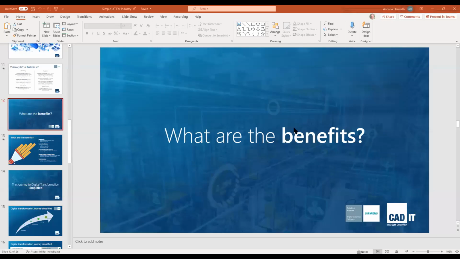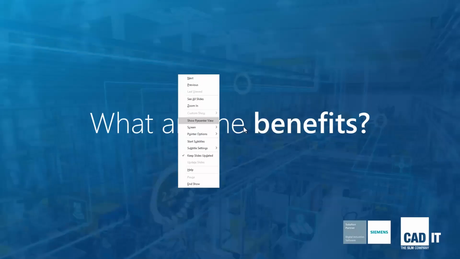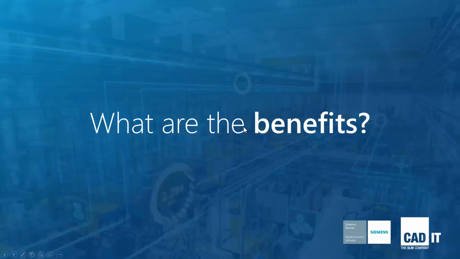But what I really want to focus on next is the benefits of IoT. Now, you may be asking yourself, well, if I start simple and we don't go visionary, then how are we actually going to achieve any benefits? All of what I'm going to talk about over the next few slides will describe the journey that typically is embarked upon with digital transformation.